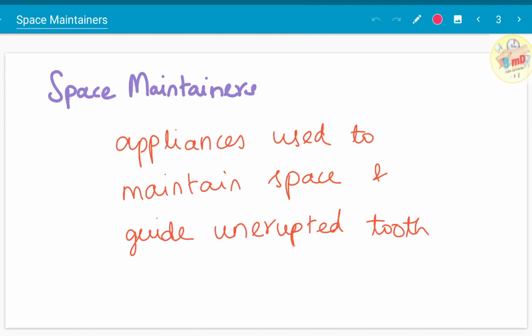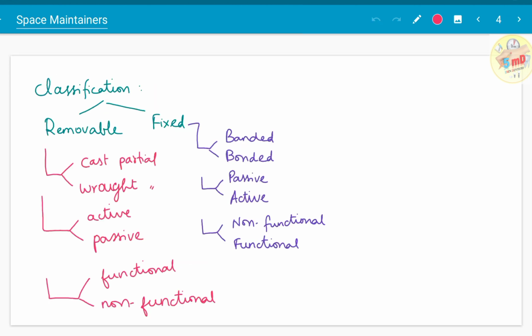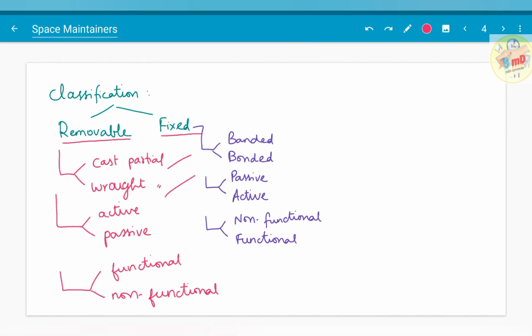Space maintainers are appliances used to maintain space and guide unerupted teeth. By classification, they can be either removable or fixed space maintainers. Removable space maintainers can be classified as cast partial or acrylic partial, or they can be classified as active appliance or passive appliance, functional appliance or non-functional appliance, depending on whether the missing tooth is replaced by a pontic or not.